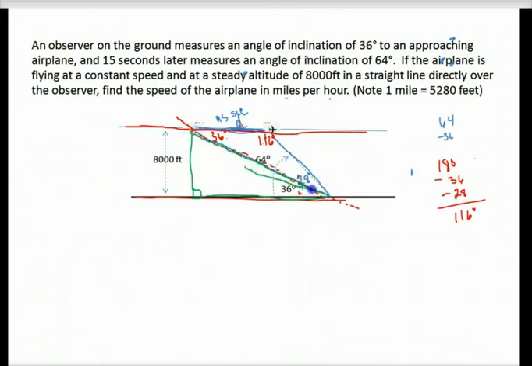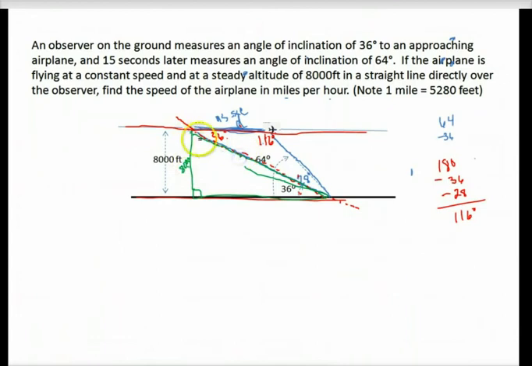Okay, notice that's parallel, so that's the same distance still. So it will still be 8,000 feet. In our last unit, we studied trig ratios, so sine, cosine, and tangent. So if you have a right triangle, you can use opposite over adjacent, adjacent over hypotenuse, those things to find missing parts of a triangle.